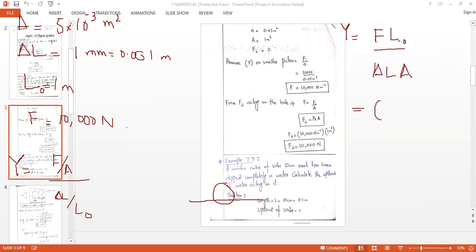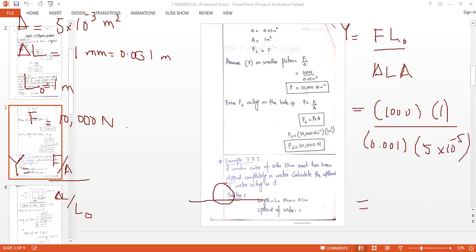The force equals 10,000. L naught is 1. Del L is 0.001. And the area is 5 into 10 raised to power minus 5.